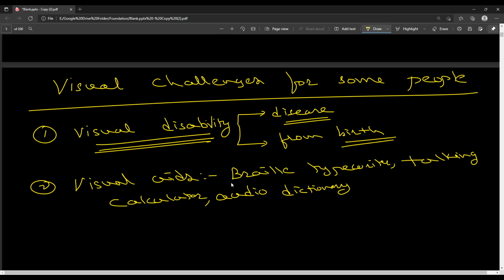Technically the Braille system has been used extensively for visually disabled people. You have to understand two things here. In the exam, they will ask you what visual disability is. Visual disability is any kind of disability which results in partial or complete blindness.